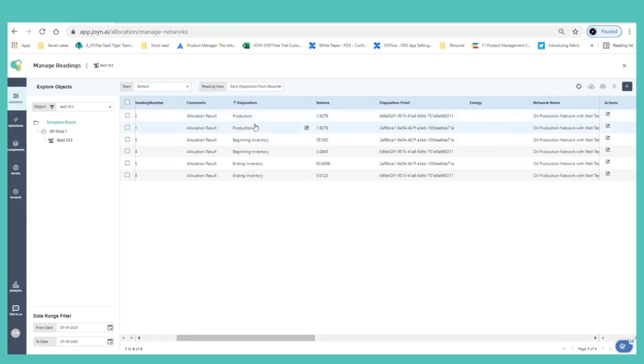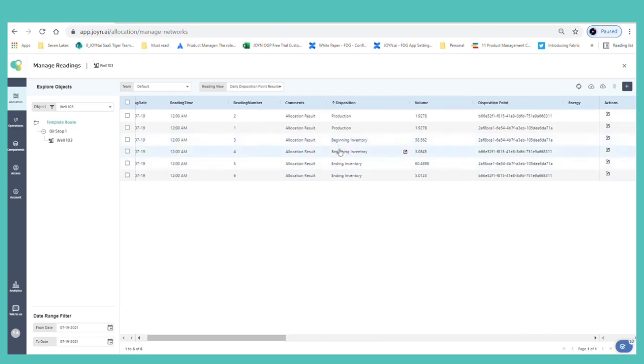For the production disposition, you actually have two results, and the disposition points are two different disposition points. What you see is the disposition point ID, which is a unique identifier for each tank, and you would notice that for each disposition you actually have two disposition points, which are both tanks in the case of this network.